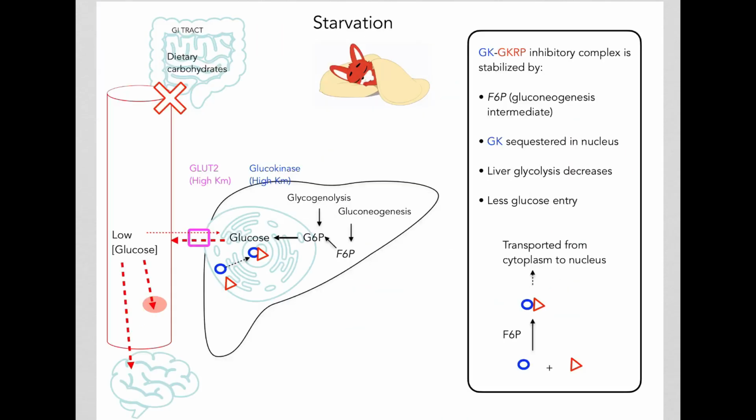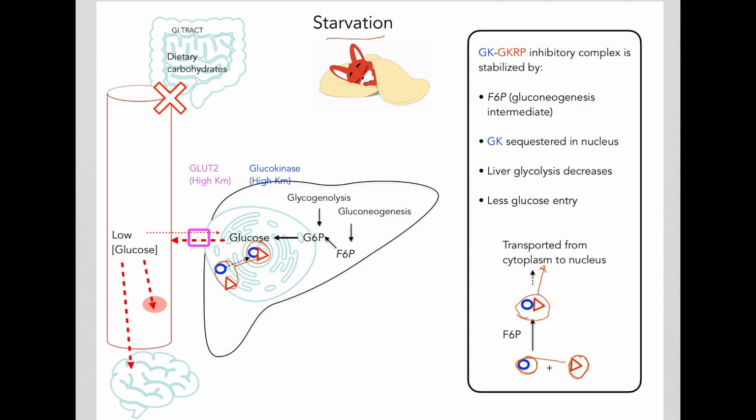So during starvation periods, the glucokinase regulatory protein, GKRP, will bind the GK, glucokinase, form this complex, and this complex will then be transported from the cytoplasm, where glycolysis occurs, into the nucleus.